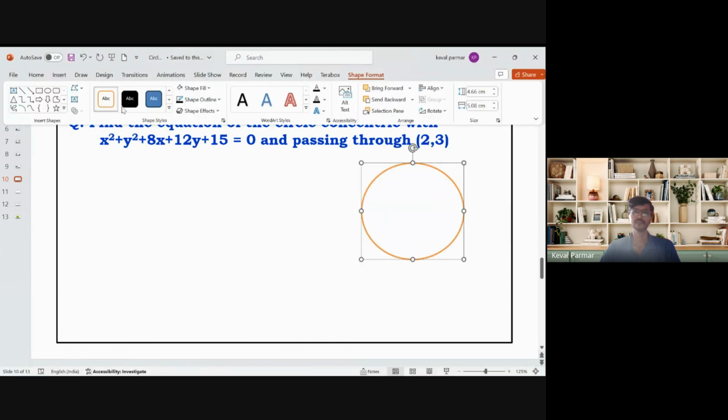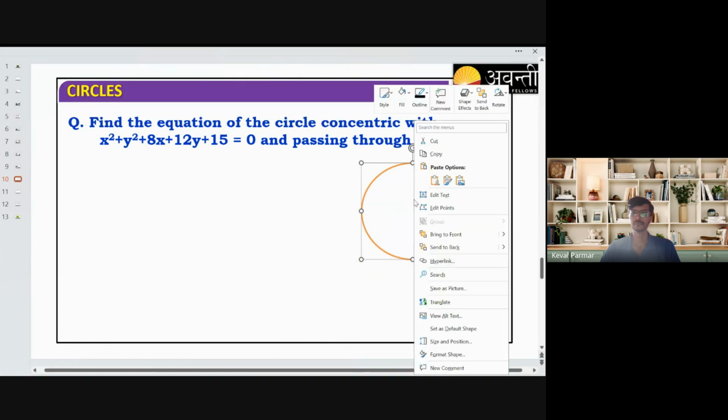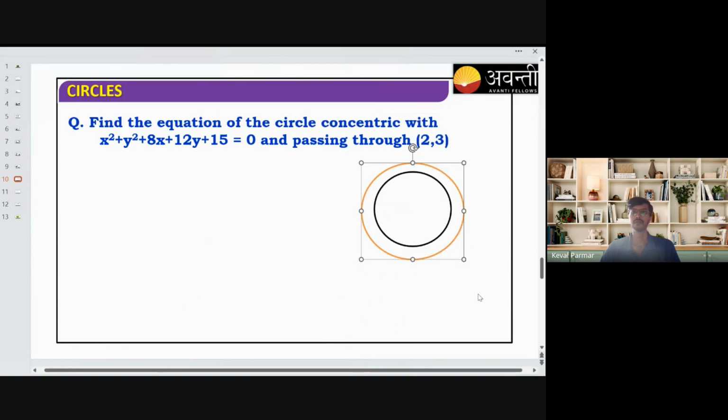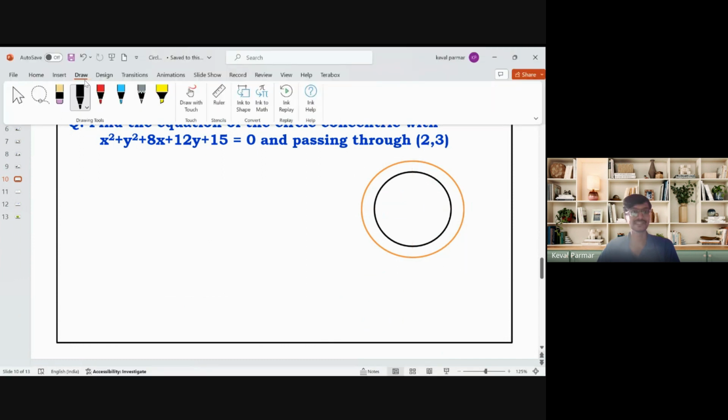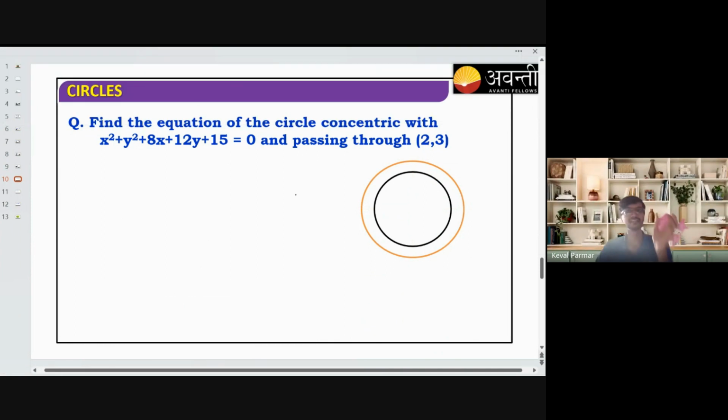Do you know the meaning of concentric? I hope this is looking like concentric. Concentric meaning is that the circles have the same center. So this is the center of both the circles.